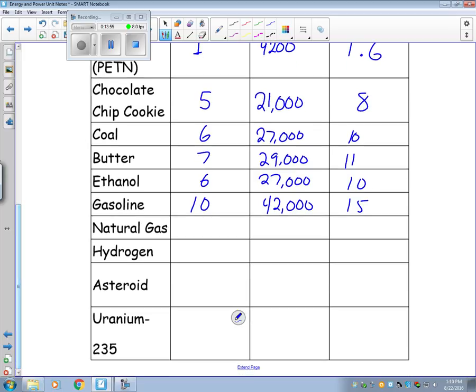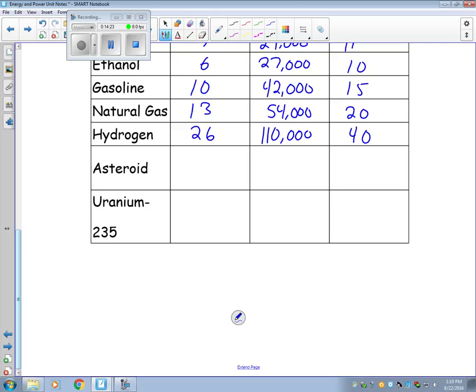Natural gas, so 1 gram of natural gas has 20 times more energy than 1 gram of TNT. Hydrogen, 1 gram of hydrogen has 26 calories. That's quite a lot. 110,000 joules. So 1 gram of hydrogen is 40 times more energy than 1 gram of TNT. An asteroid. Now, this asteroid, let's say it's moving at 30 kilometers per second.